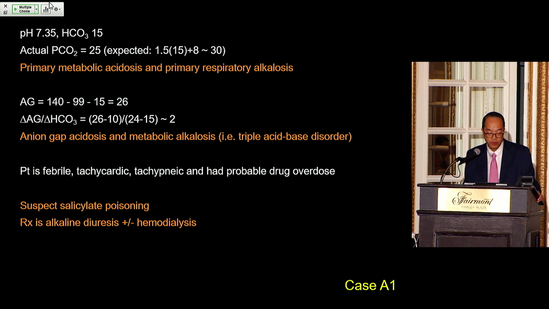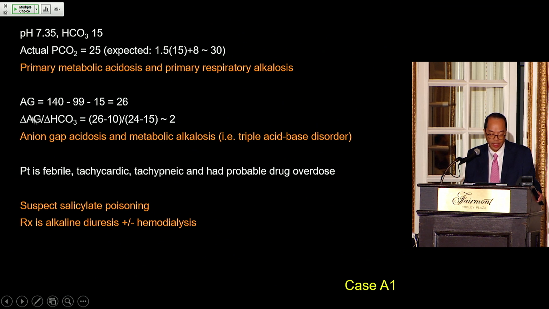So if you work through this, patient's acidemic and has a metabolic acidosis. The PCO2, if you use Winter's formula, is just a hair lower than you would expect. So probably a primary respiratory alkalosis as well. And the anion gap is elevated.